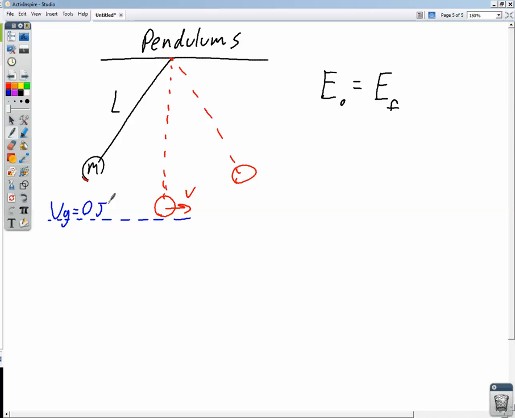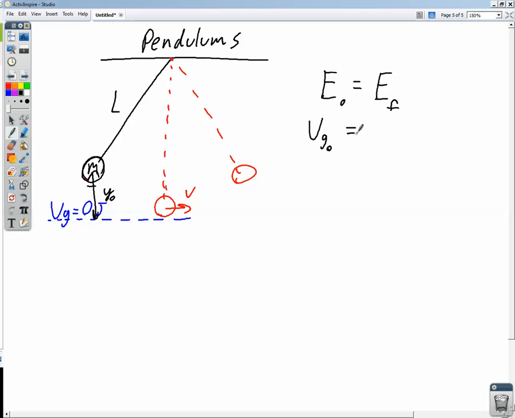So let's say we want to solve for what that maximum velocity is at the low point in the swing. Well, if we consider the place where the pendulum was released, then we've got some initial height above that bottom point, and we've got gravitational potential energy initially. It's released from rest, so there's no kinetic energy.